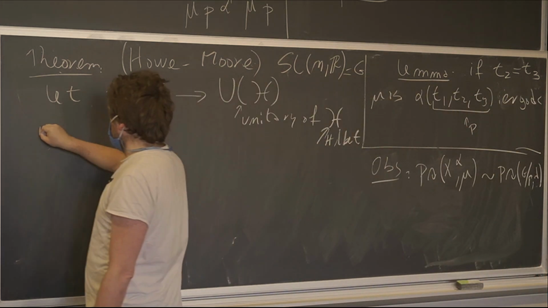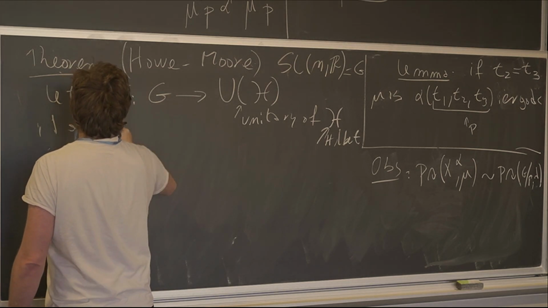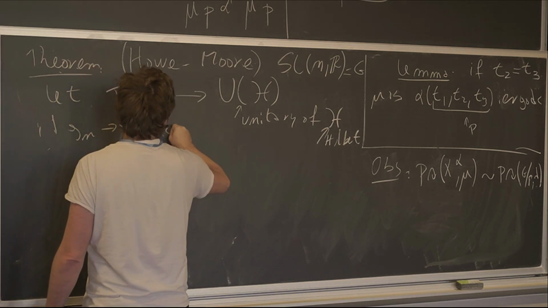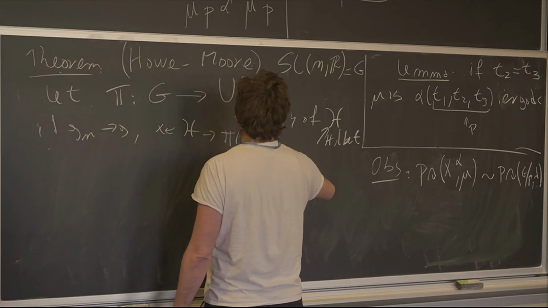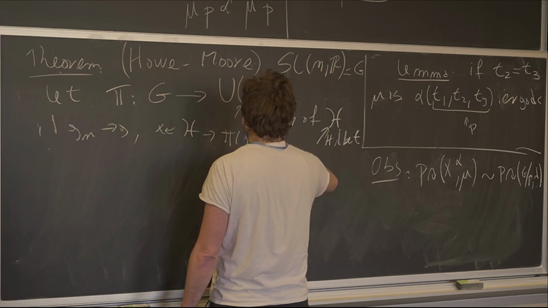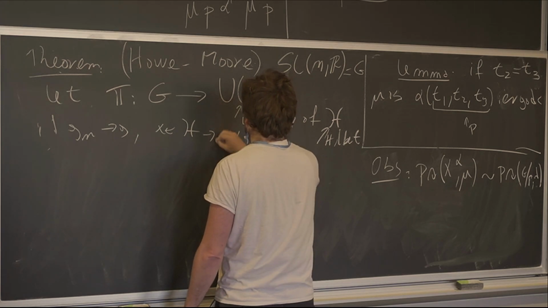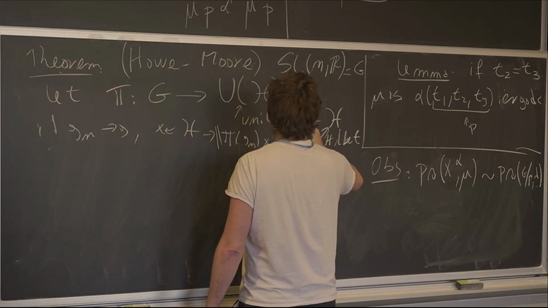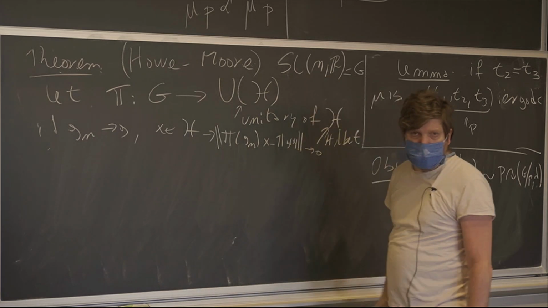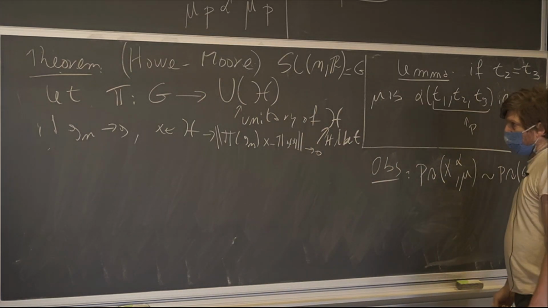So if Gn goes to G and x is in H, then pi Gn x minus pi G x goes to 0. Okay, so it's nicely continuous.